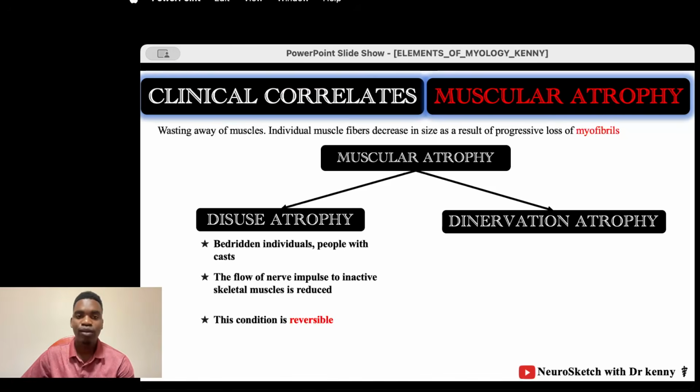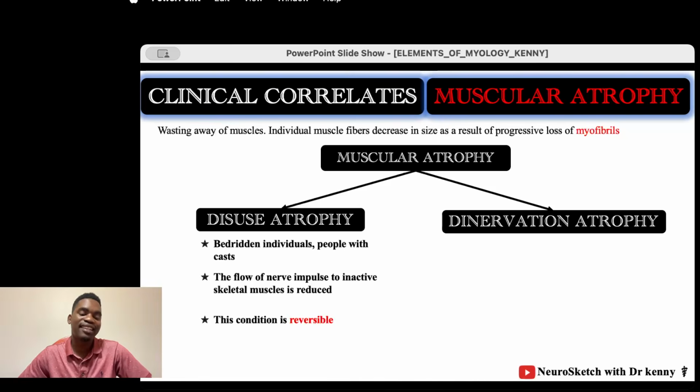For example, a person who has a cast: someone has maybe a fracture somewhere and is put under a cast, and the muscle is subjected to disuse for a period of time and will eventually show atrophy. The muscles have decreased in size, but once everything recovers and the body part returns to normal functioning, the muscle will regain its original size.